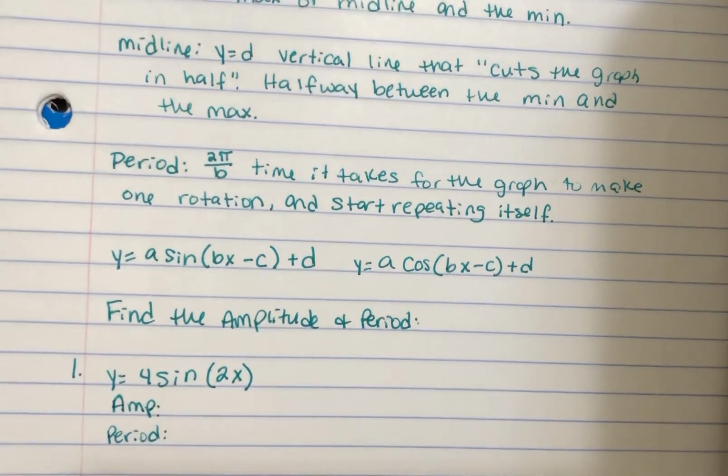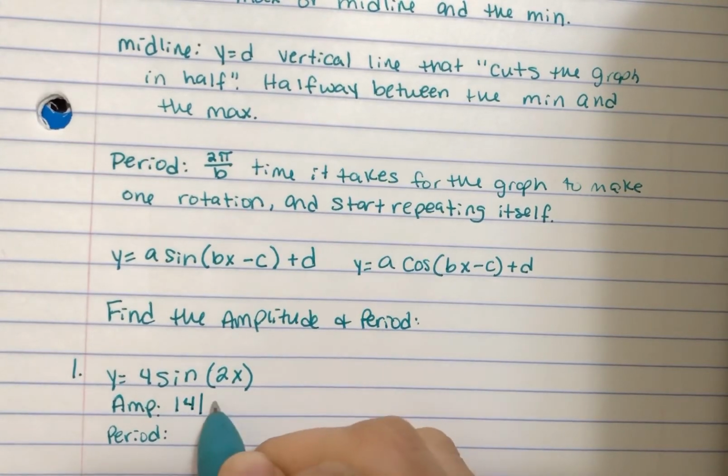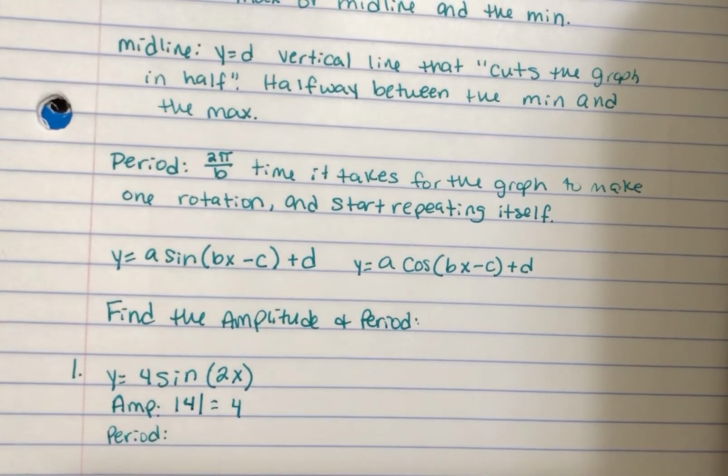So the amplitude is always going to be positive because it is a distance, and you can't have a negative distance. So that's why you want to take the absolute value. It's the absolute value of whatever is being multiplied by the sine or the cosine, so whatever's out front. So in this one, that is 4. So if we do the absolute value of 4, then that's just 4.